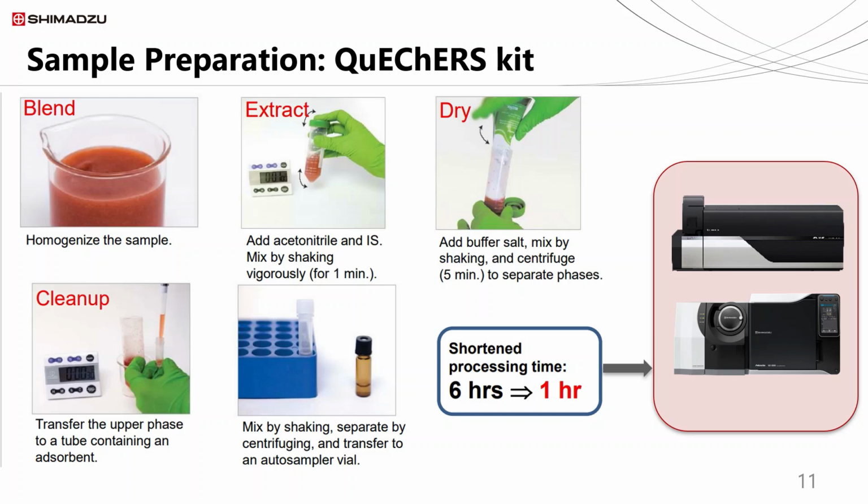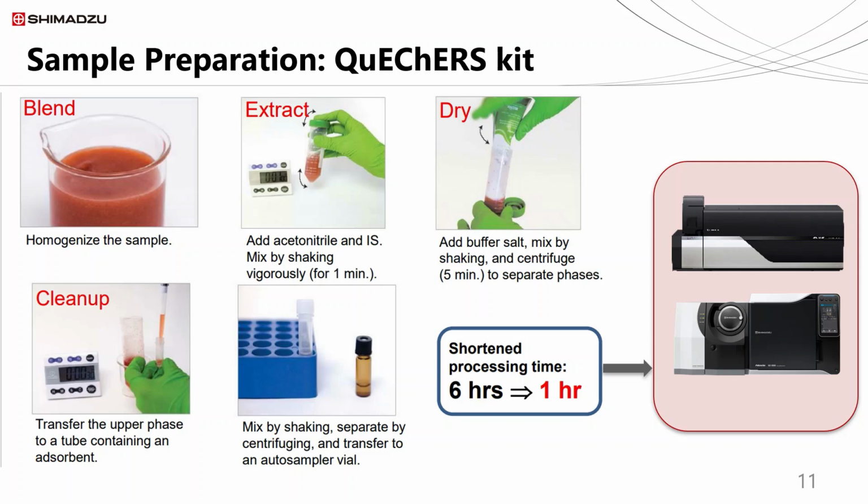After that, the buffer salt can be added. We can mix it and centrifuge for 5 minutes to separate the phases. Then finally, separated phases can be transferred to a tube containing a suitable adsorbent. After that, mix it by shaking, separation by centrifugation, and transfer the clear solution to autosampler vial.